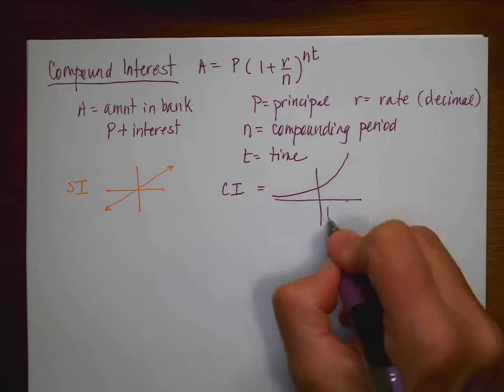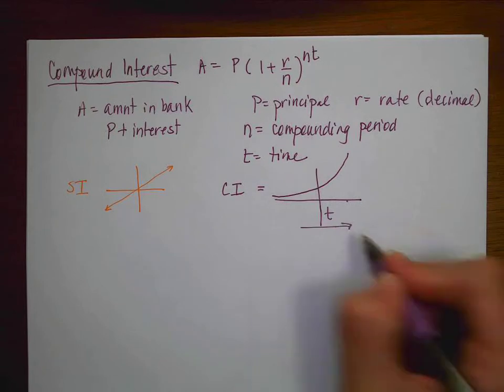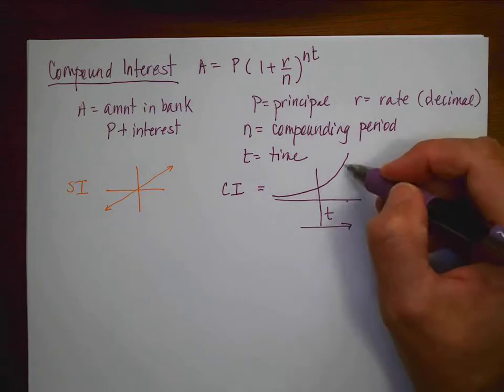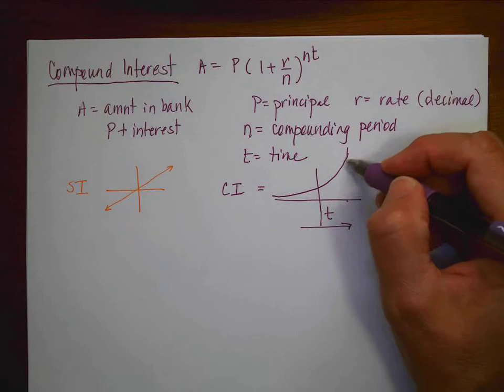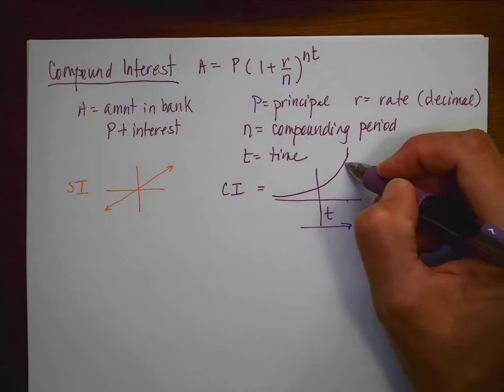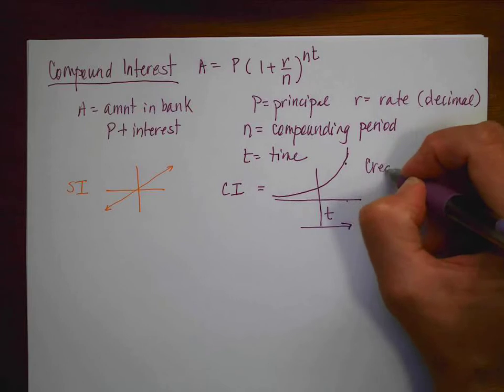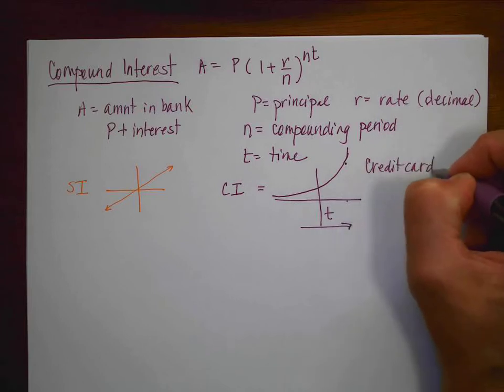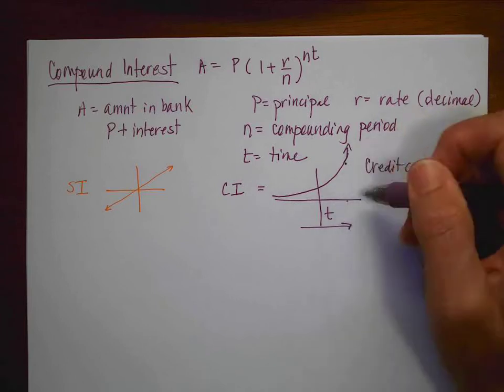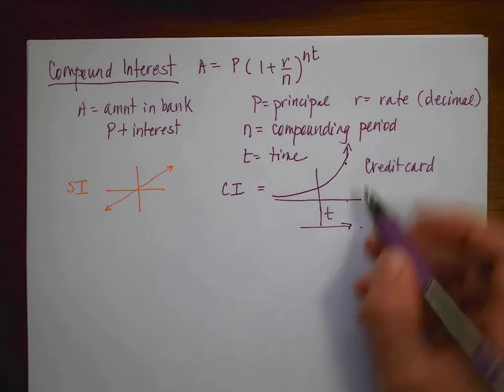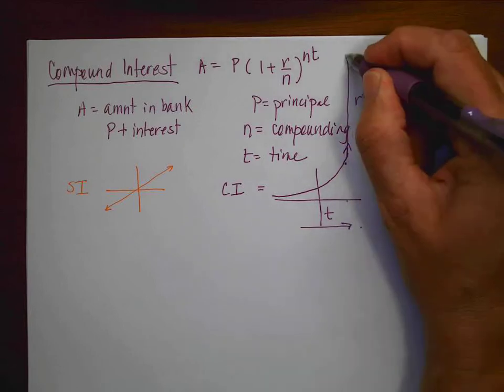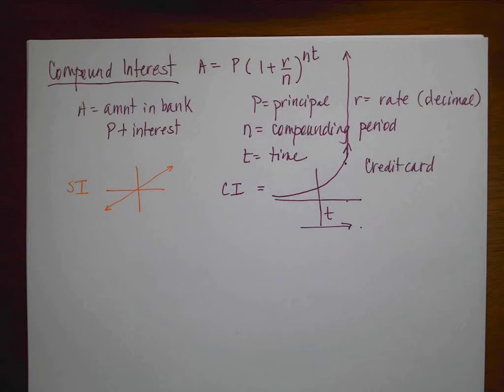As time goes on, because time is our independent variable, the amount of money that you are either receiving or that you are paying, which would be your credit card, is growing exponentially. So that means the longer time goes, the higher your debt goes.